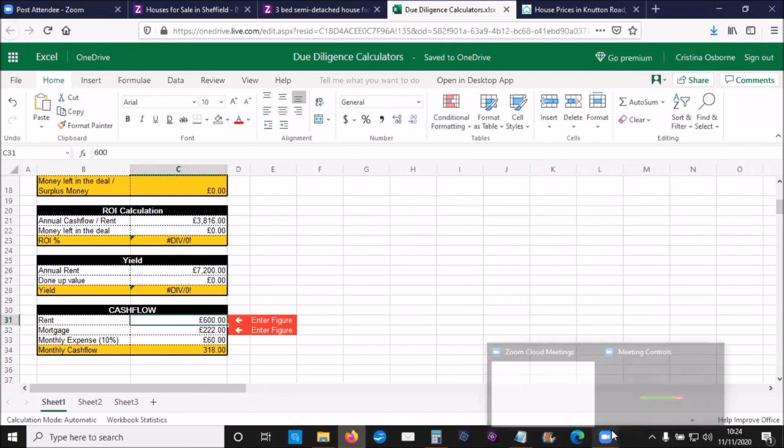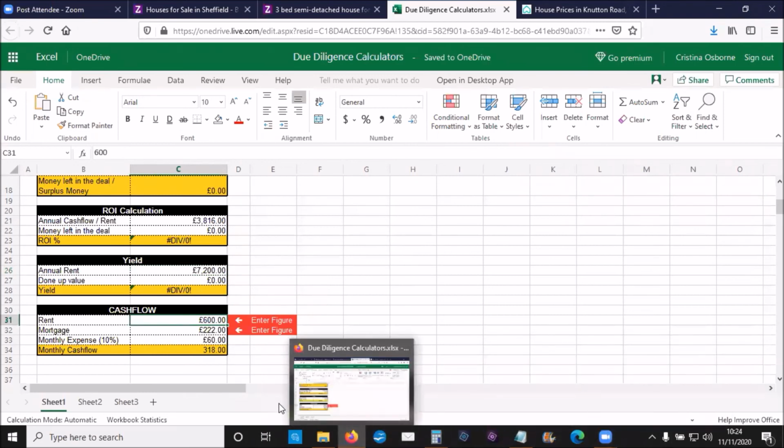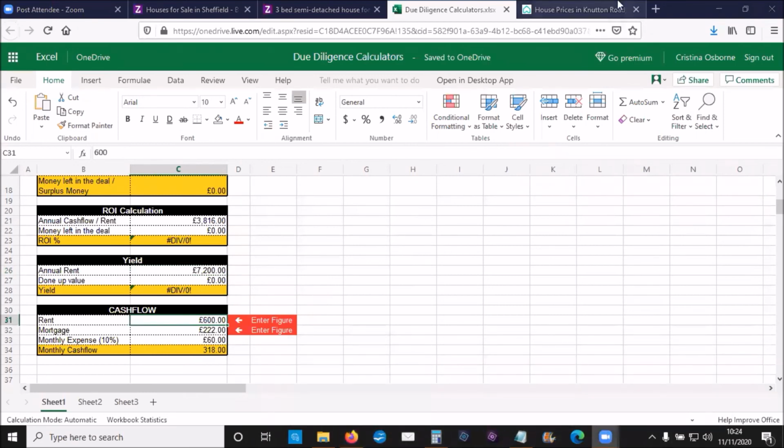Okay, so have a look at the chat. You should be able to see the new file that I uploaded there. You can replace the one that I sent earlier.